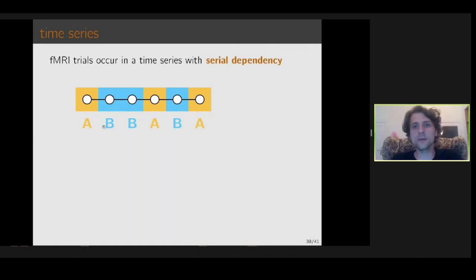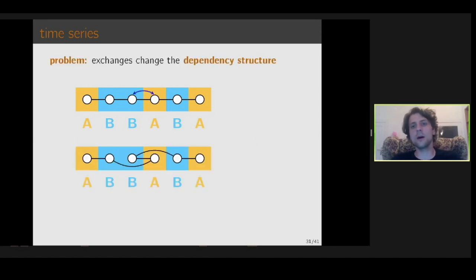And because there is a serial dependency, exchanges of data points, like for example here, exchanging the data points denoted by A and B would completely disrupt this dependency structure, as is shown in the lower visualization, which means that there is no exchangeability of values in fMRI time series, no matter if these are calculated on a scan-wise or a try-wise level.